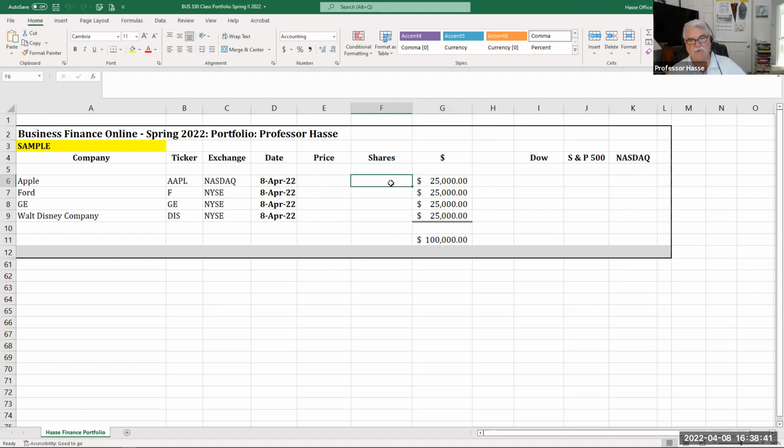Round to the nearest whole number, and you've got it. And then we'll be tracking these stocks as their prices go up or down over the next 8 weeks.